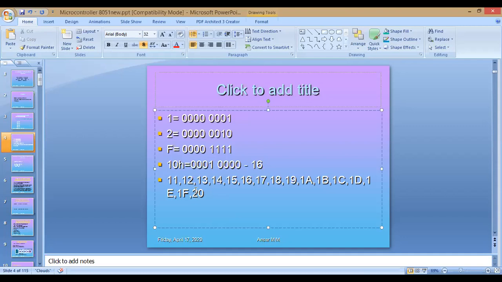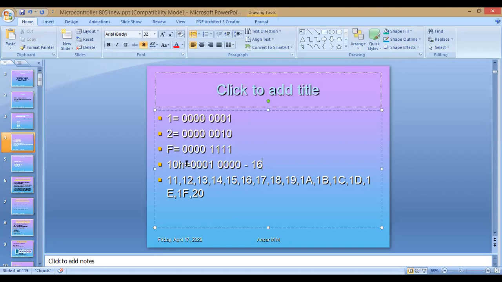We clearly mention whether the number is hexadecimal or not. If we have to write a number, you have to specify it: either a hexadecimal number, or a decimal number, or a binary number.